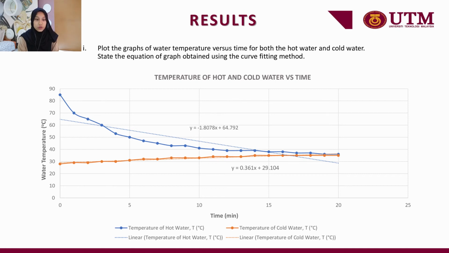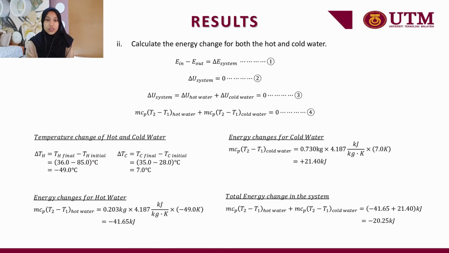The blue dotted line gives an equation to calculate the average change of hot water temperature, which is y equals negative 1.8078x plus 64.792, while the dotted orange line is y equals 0.361x plus 21.104.